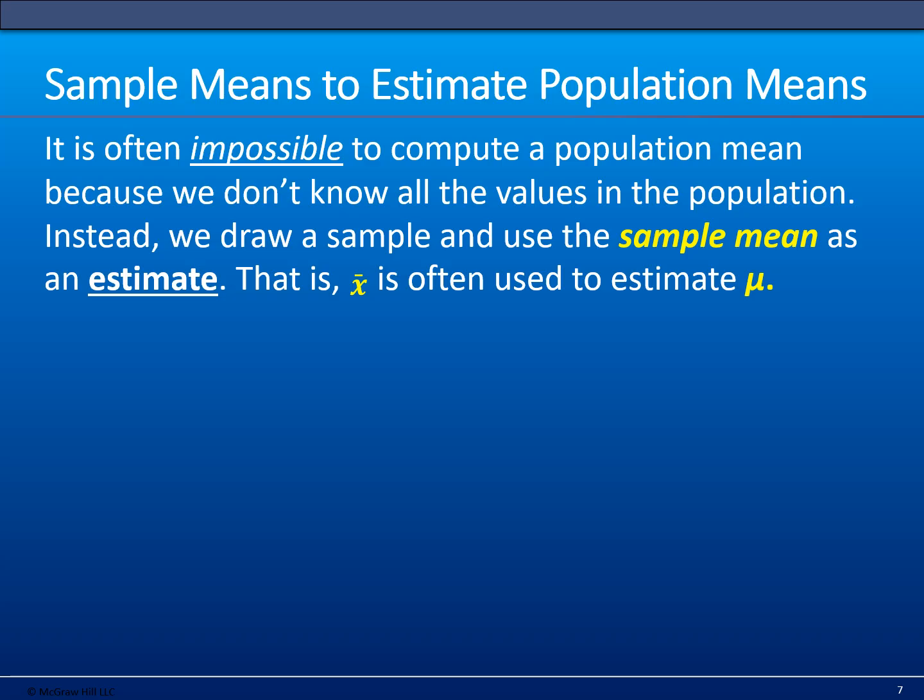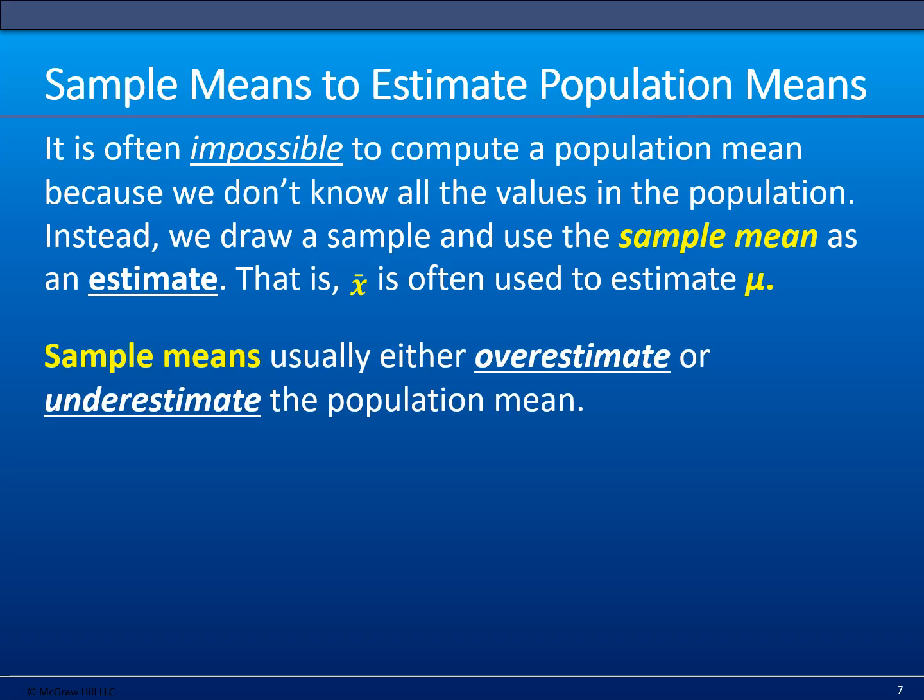That is, we calculate x bar and then use that to estimate mu. So we look at the statistic x bar, the mean for a sample, and then try to extrapolate that to imply what the mean of the population is. Of course, when we're doing that, it's very rare we would have an exact amount that matches the population mean, and so we either get an overestimate or underestimate.